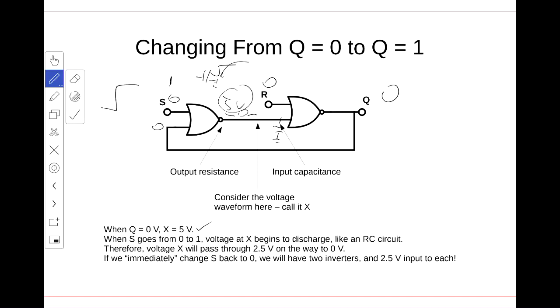That's this resistor here. Over here, this input gate, the input's going to go into one or more FETs. And that looks like a capacitor. If this was at 5 volts, that means that these FETs on the input have been charged up to 5 volts. So when this gate switches, I have to discharge this capacitance. I have to bring it down from 5 volts to 0 volts. Any questions about that?